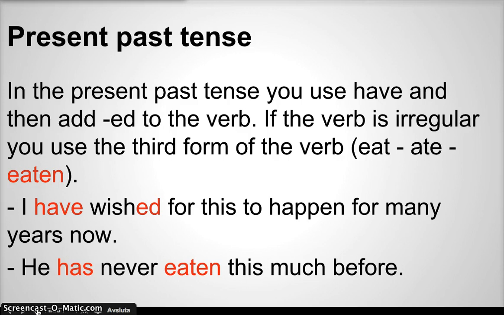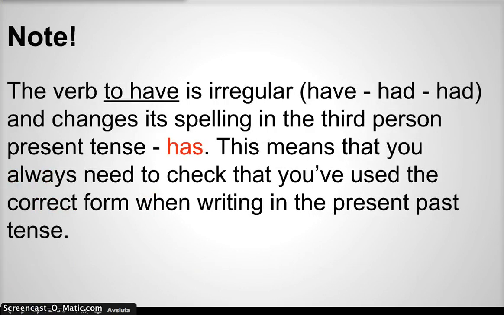If it's a regular verb, then you would have: I have wished for this to happen for many years now. The verb to have is irregular, have, had, and it changes its spelling in the third person present tense to has. This means that you always need to check that you've used the correct form when writing in the present perfect tense.